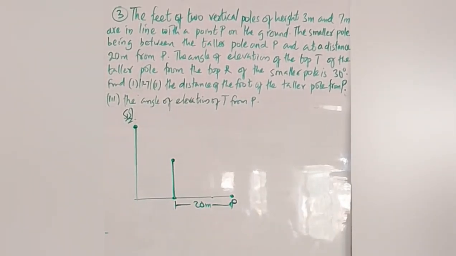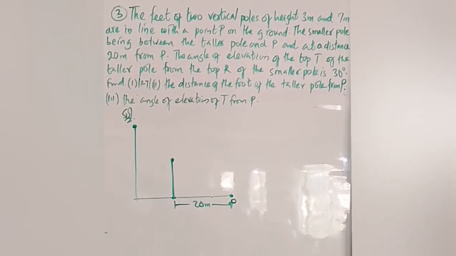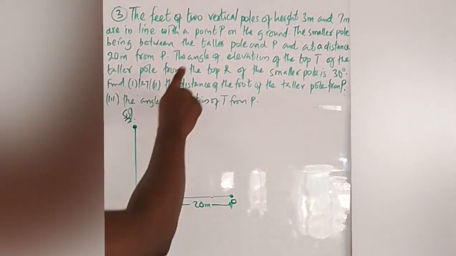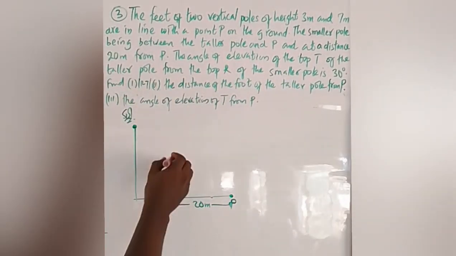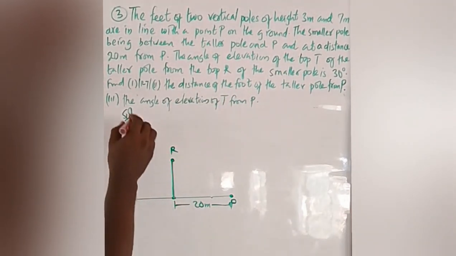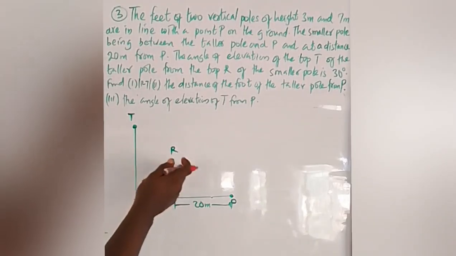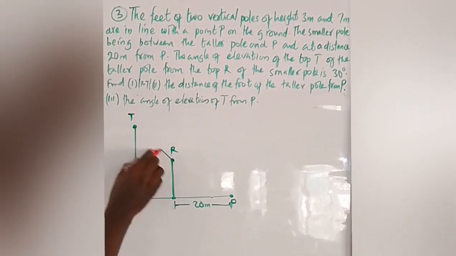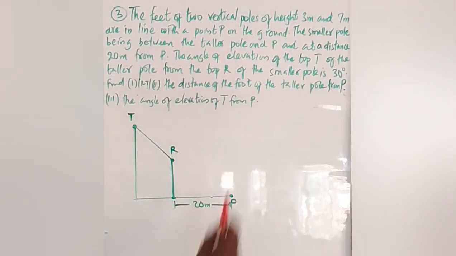The angle of elevation of top T of the taller pole, is it meant to be elevation? The angle of elevation of top T from point R. So R is the top of the smaller pole, and T is the top of the taller pole. So from R to T is going to be elevation. We are told that the angle of elevation is 30 degrees.